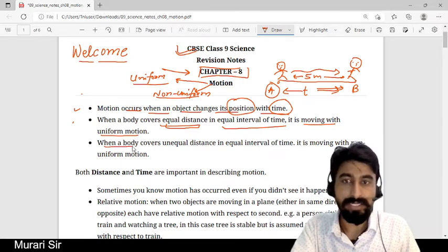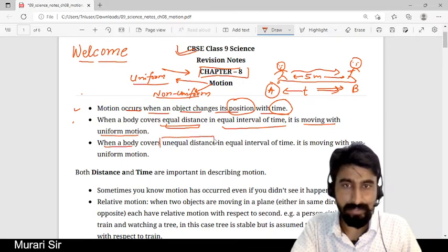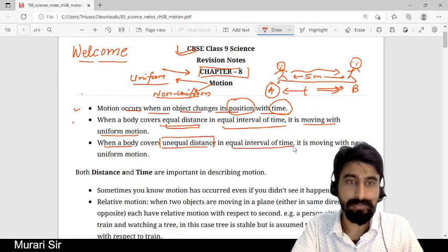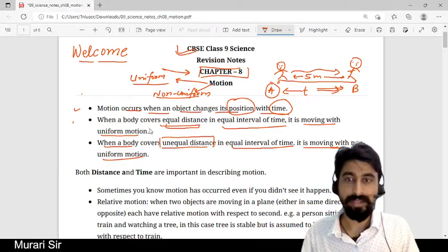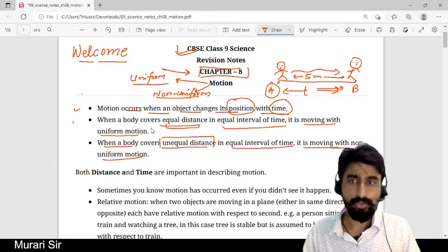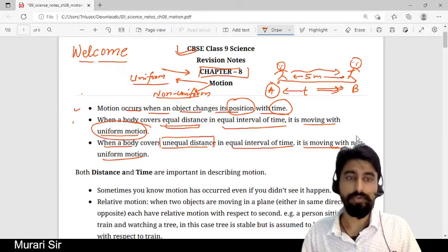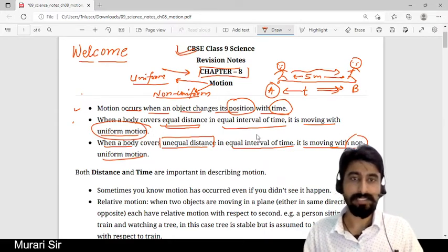Second, when a body covers unequal distance. All right. What type of distance? Unequal distance in equal interval of time. It's moving with non-uniform motion. All right. So we have understood there are two types of motion, uniform and non-uniform motion. Okay, so let's come to the next part.